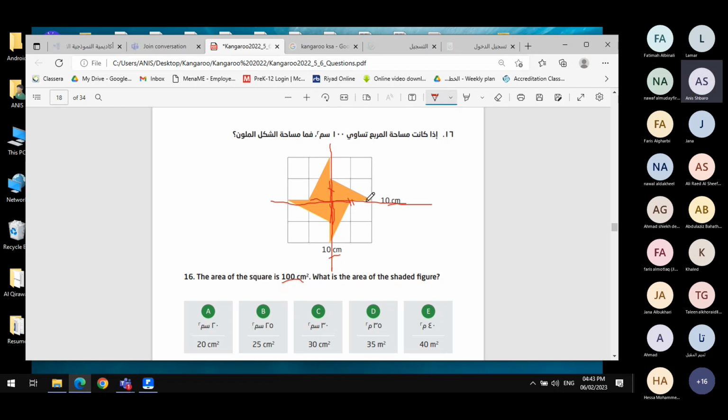So this side is how much? Remember, all of this is 10, and this one is divided into 4 blocks, right? Yes. So each block is how much? 10 divided by 4.